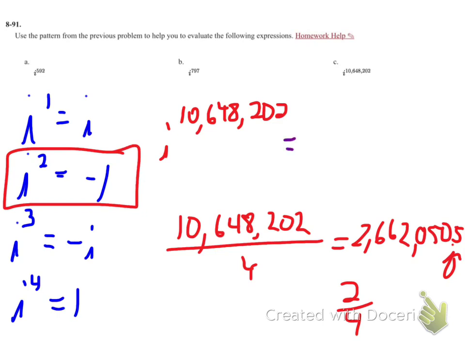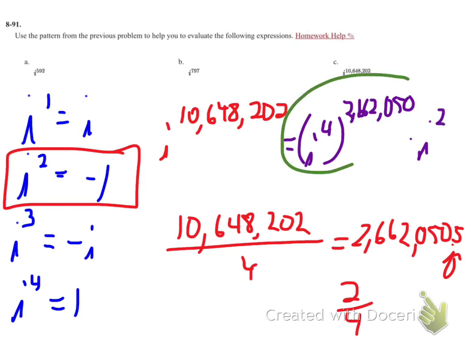So this is the same thing as i to the fourth to the 2,662,050 times i squared. Again, this part right here equals 1, so that cancels out. So I get i squared, which is -1. Hope that helps.